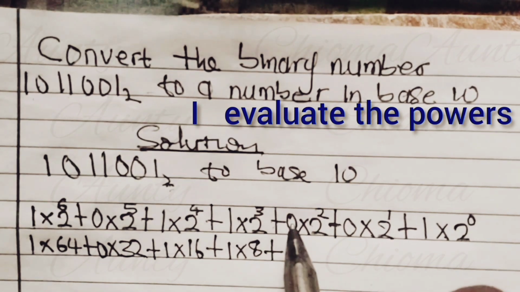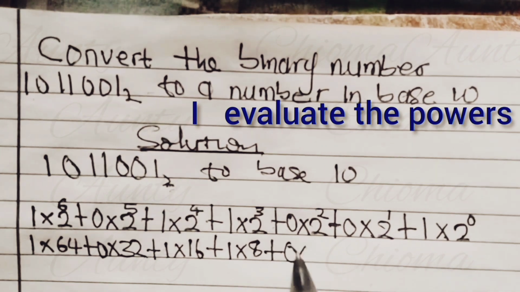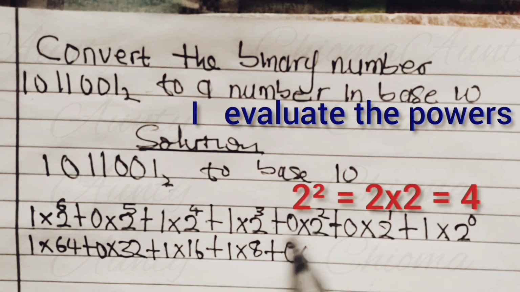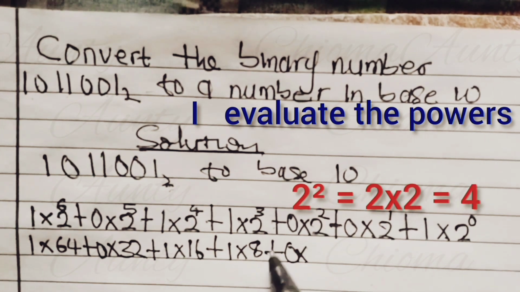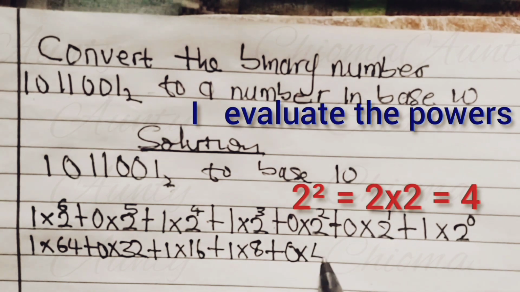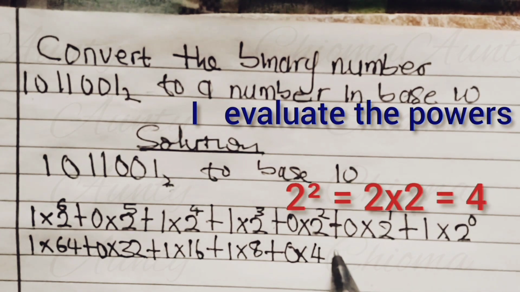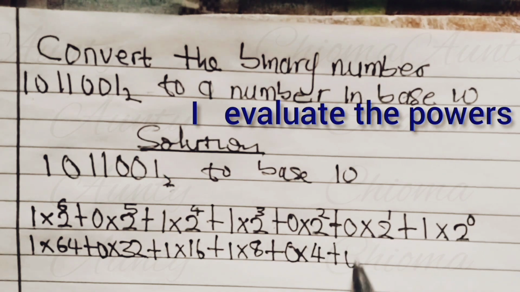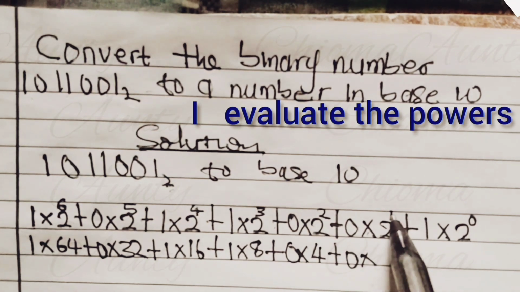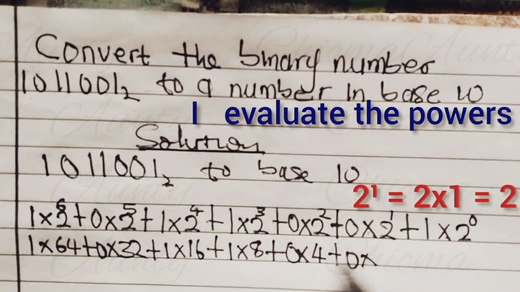Plus this one, 0 times 2 raised to the power 2. 8 divided by 2 is 4, so 2 raised to the power 2 is 4. Plus 0 times 2 raised to the power 1, which is 2, because 4 divided by 2 is 2.